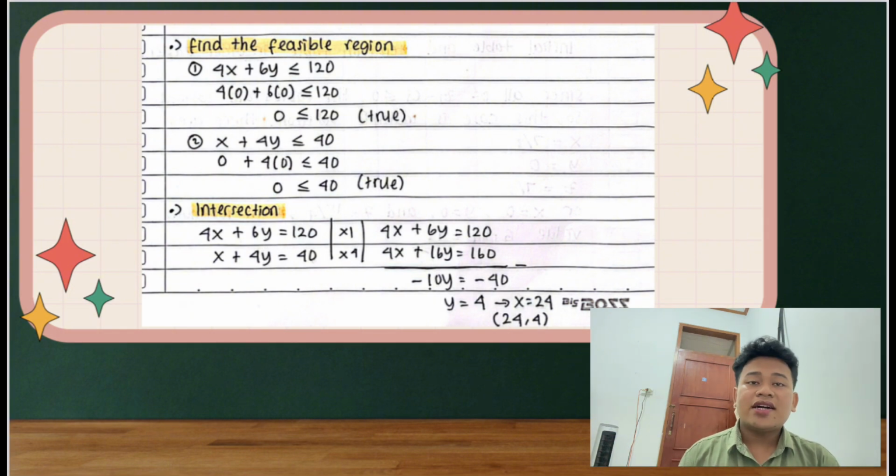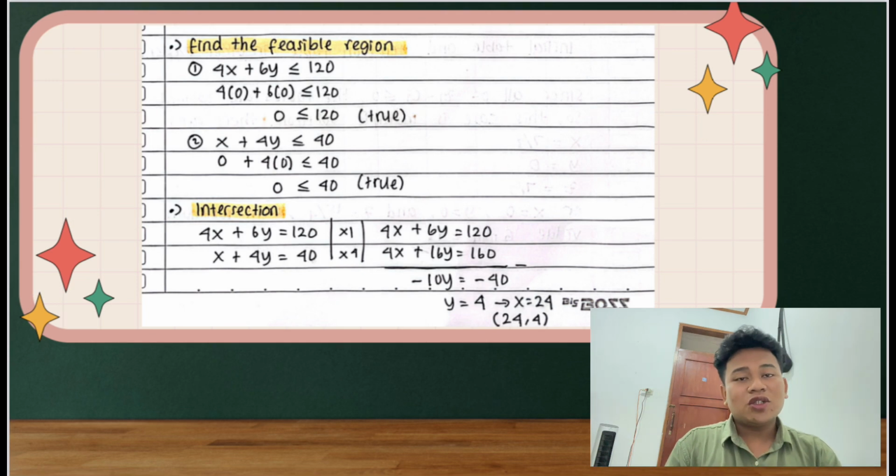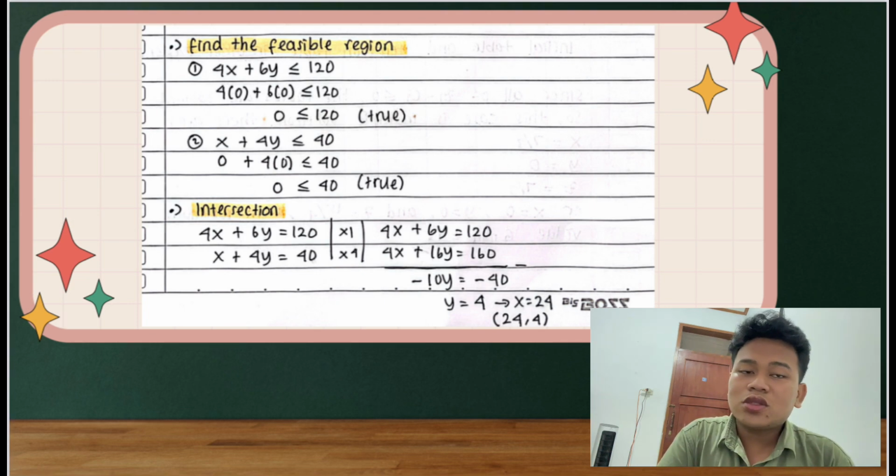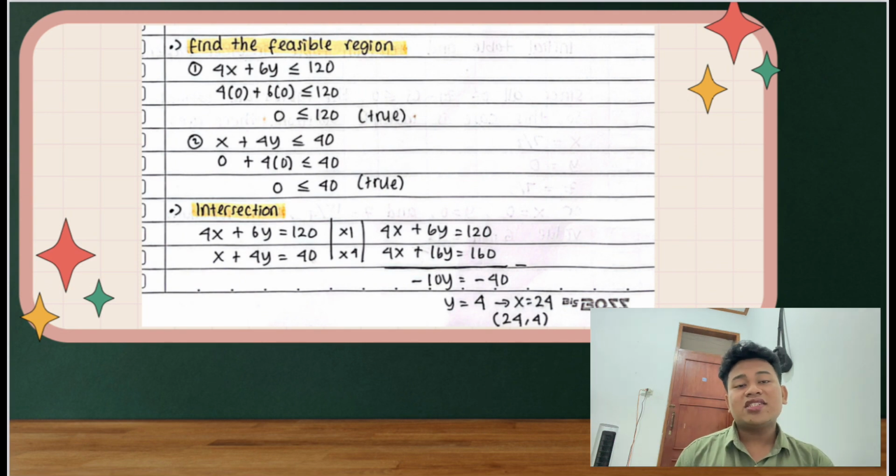Then we subtract the first equation from the second equation and get the y value is 4. Then we substitute y is 4 into the second equation and get x is equal to 24. Then the intersection of the two equations is (24, 4).